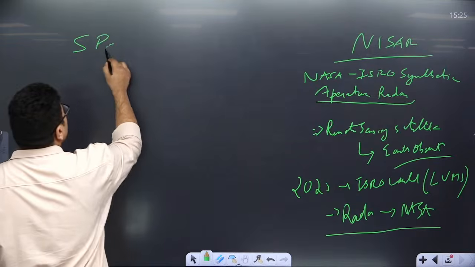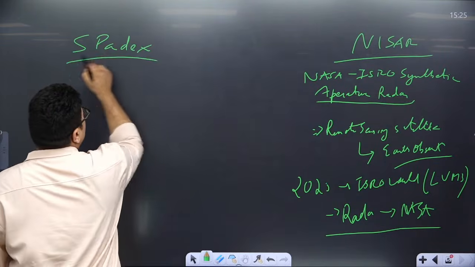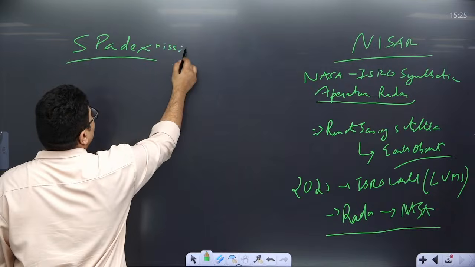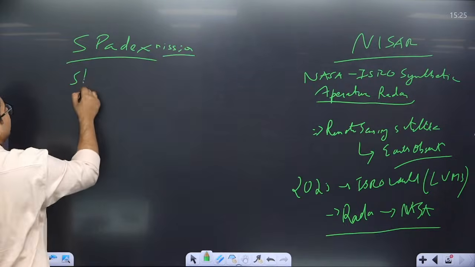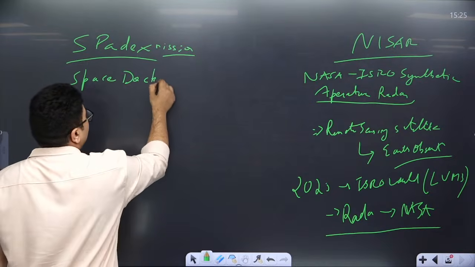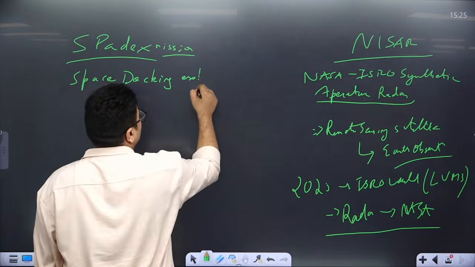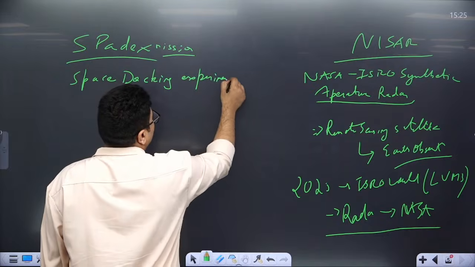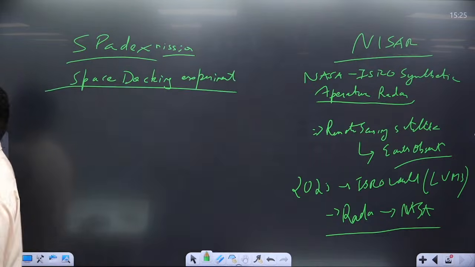Then we also have something known as the SpaDeX mission. SpaDeX mission is nothing but the space docking experiment.